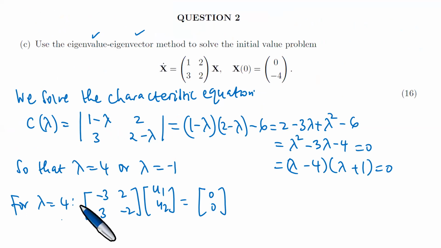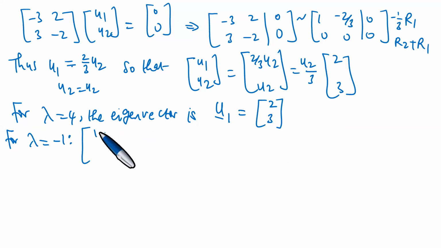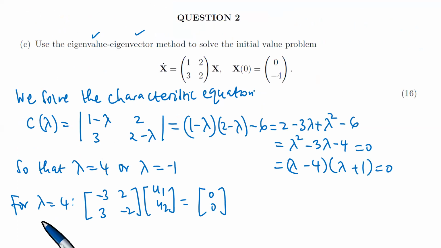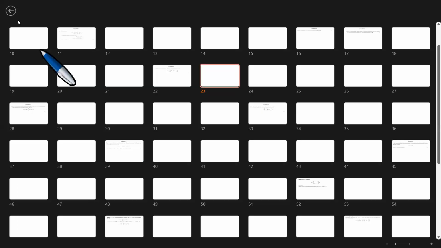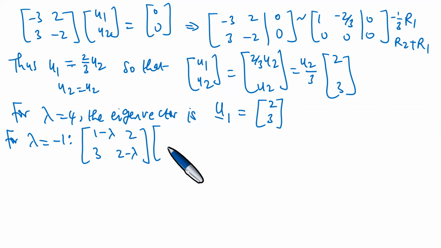So this is 1 minus lambda, 2, 3, and 2 minus lambda, times U1, U2, equals 0, 0.